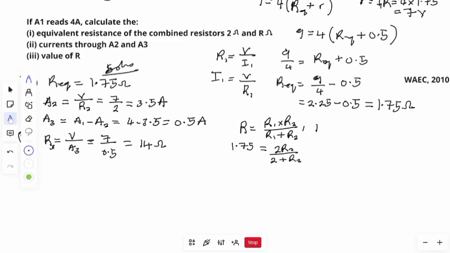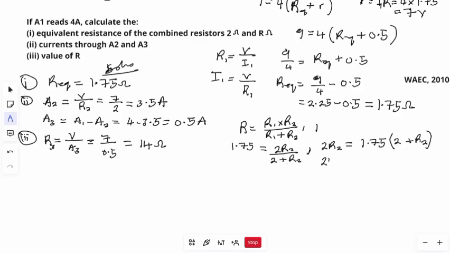So you cross multiply, and you will get 2R2 equals 1.75 times the bracket, that will be 2 plus R2.